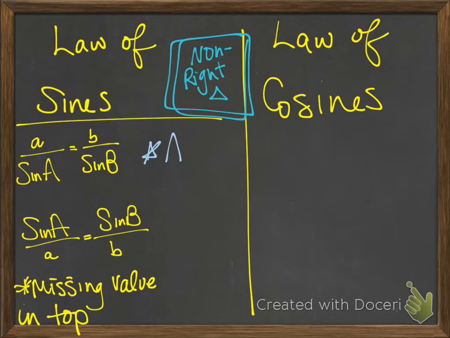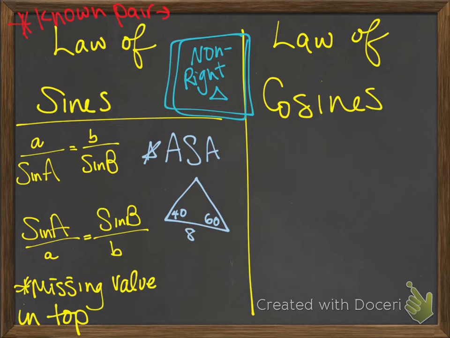So there was angle, side, angle, which looked like knowing an angle, 40, knowing a side, and knowing an angle. The reason this works is you use the law of sines whenever you have a known pair. And remember, a known pair is an opposite side and angle, or a corresponding side and angle, if you will.